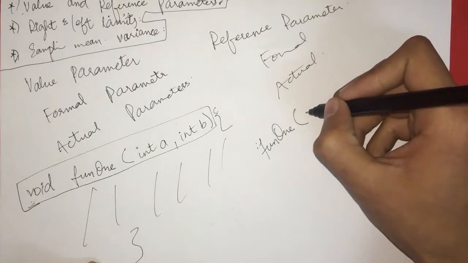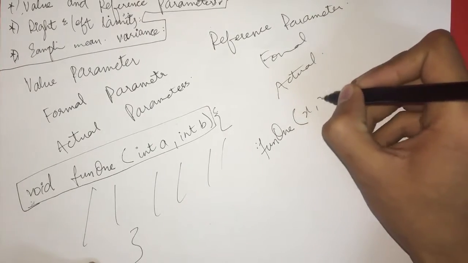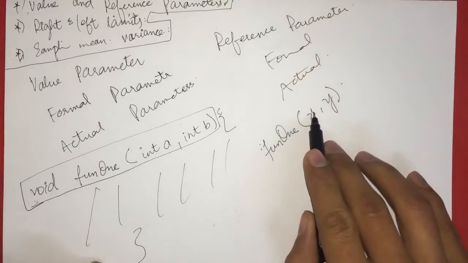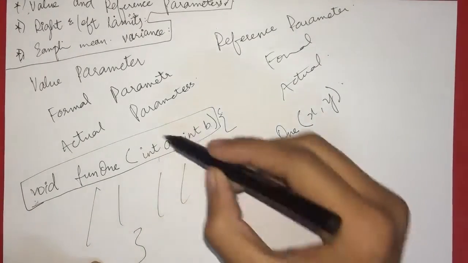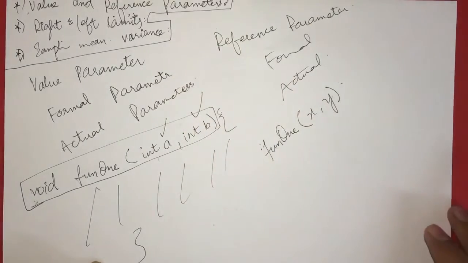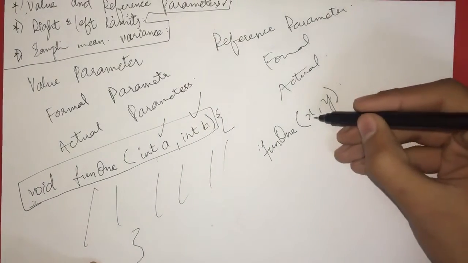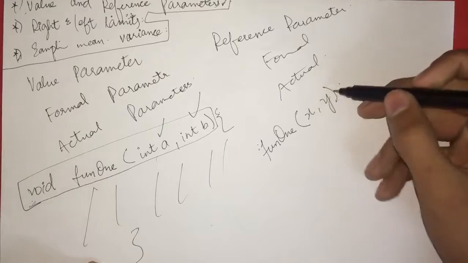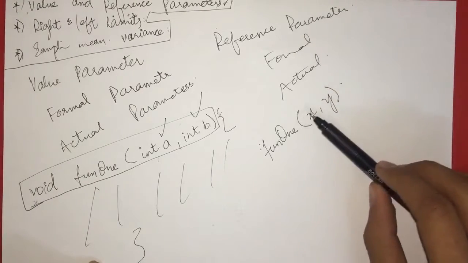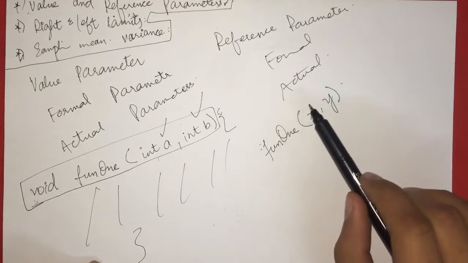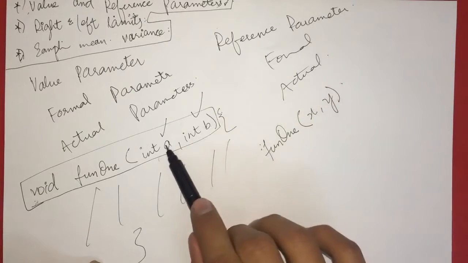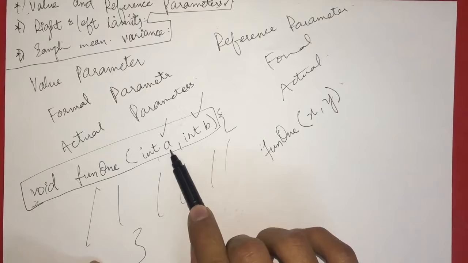For example, x and y. So these two are actual parameters, and a and b are the formal parameters. Whatever the values of x and y are, these values will be copied inside these formal parameters.